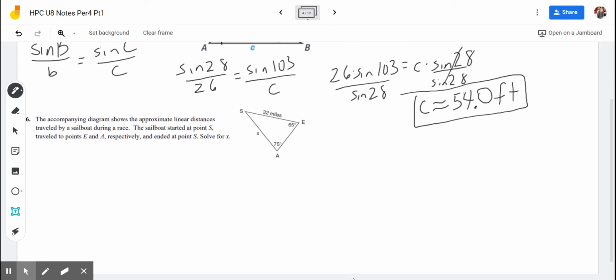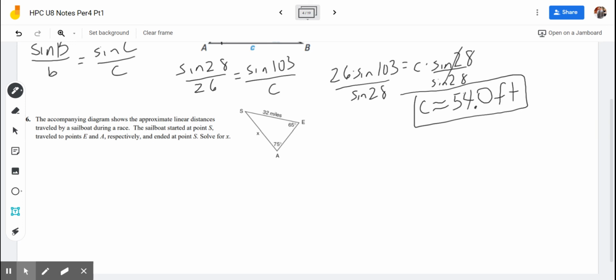And now let's take a look at number 6. The accompanying diagram shows the approximate linear distances traveled by a sailboat during a race. The sailboat started at point S, traveled to points E and A respectively, and ended at point S. Solve for X. So we're essentially setting up another law of sines problem.